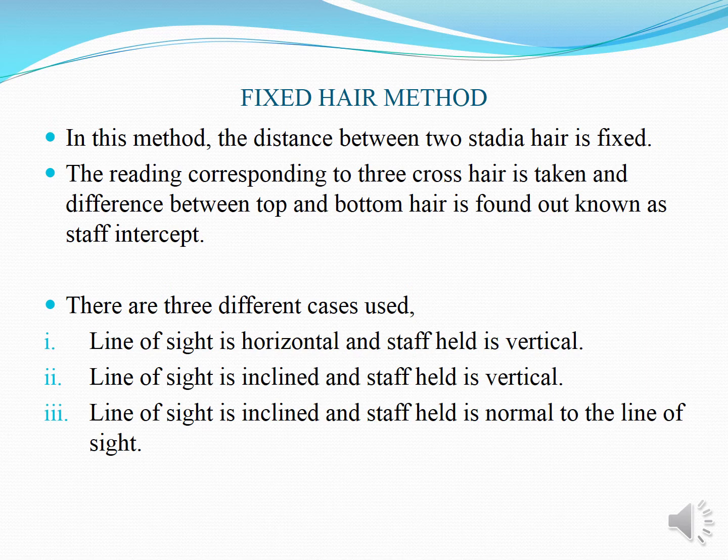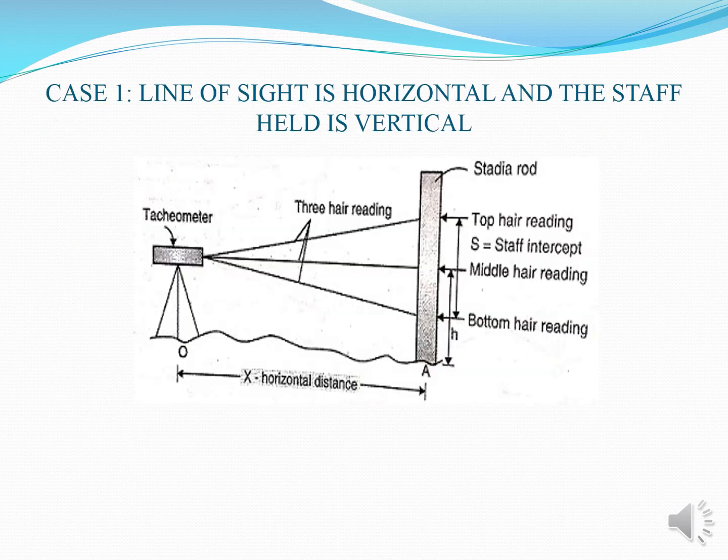And the third case is when the line of sight is inclined and the staff held is normal to the line of sight. So these are the 3 different cases used in this fixed hair method. So first see the first case, that is line of sight horizontal and staff held vertical.